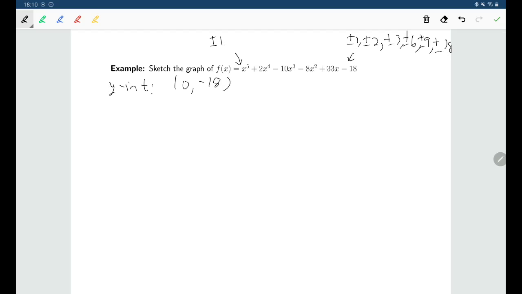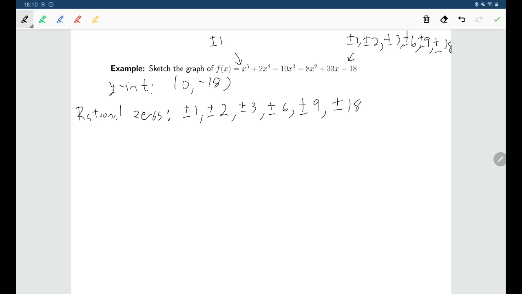And so that means that possible rational zeros could be any of these numbers over 1, which of course means that it's really just plus or minus 1 over 1, 2 over 1, 3 over 1, 6, 9, or 18 over 1.